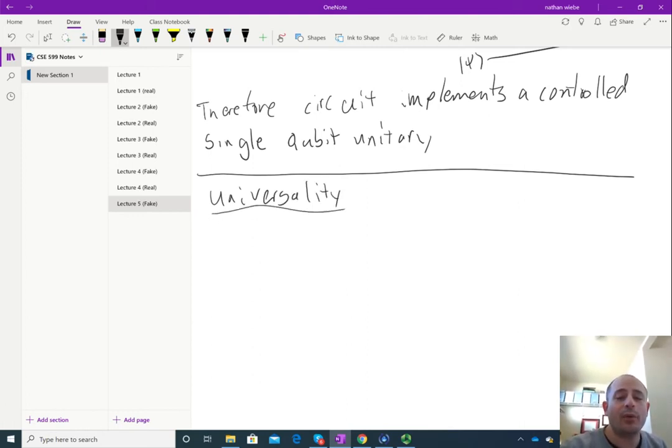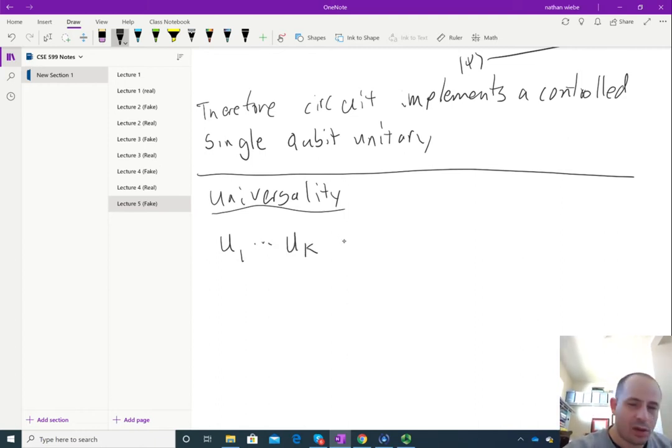What we want to be able to do is find some sequence of operations, U1 through UK, such that this is equal to U. So we want to find a sequence of these ideally controlled single qubit rotations to implement this.